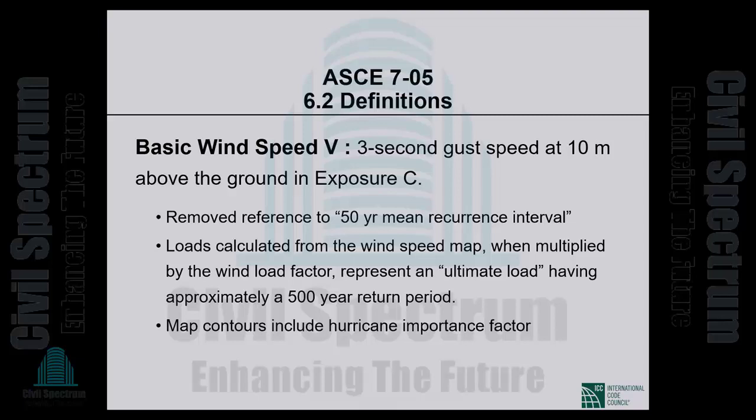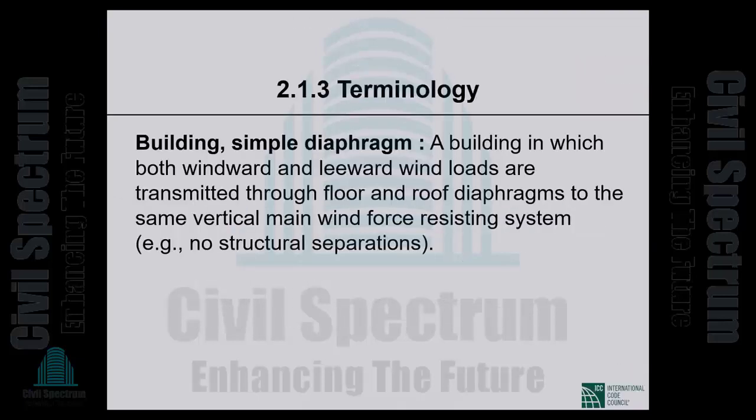So that's what ASCE 7-05 defined as the basic wind speed, something that resulted in a 500-year return period ultimate wind load. This is a subtlety that you don't have to worry about. Stick with the BNBC definition, and that definition is 50-year return period. So here, there is a difference between ASCE 7 and BNBC 2020, and the ASCE 7 thing you can simply ignore.